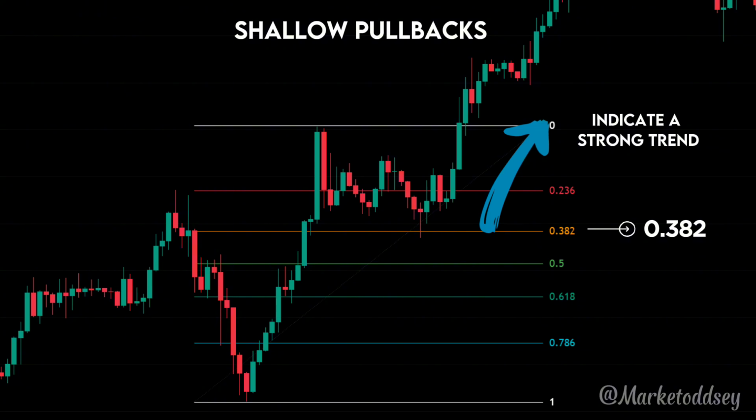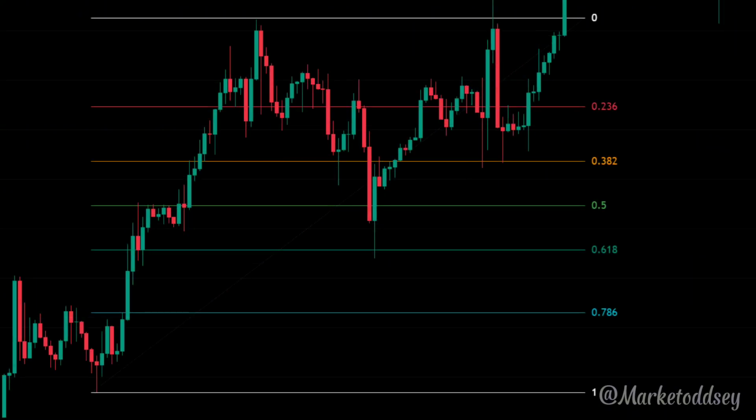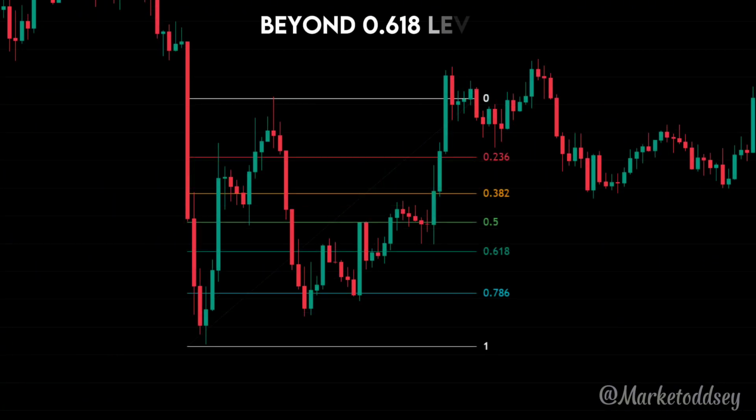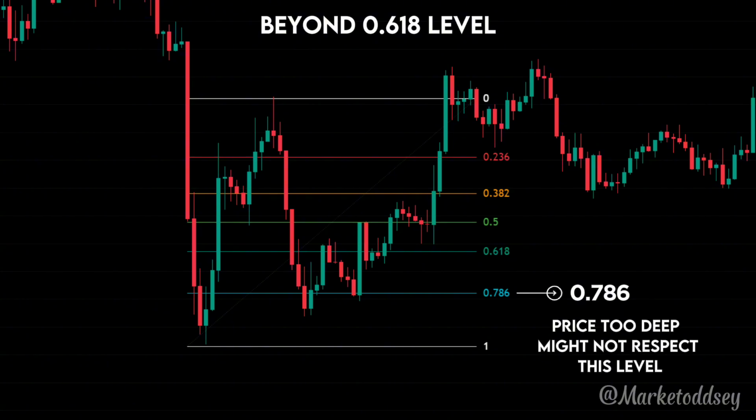Prices reverse quickly, suggesting buyers in an uptrend or sellers in a downtrend are aggressive. Deeper pullbacks, 0.5 to 0.618, known as the golden zone, signal a mature trend. Prices may consolidate here before resuming their direction. Beyond 0.618 suggests a potential trend reversal, as the pullback is too deep to fit a healthy correction.